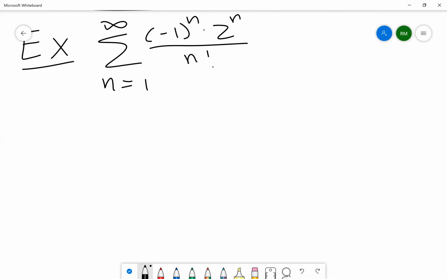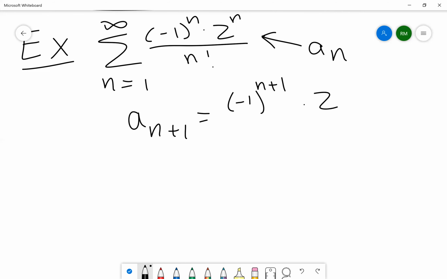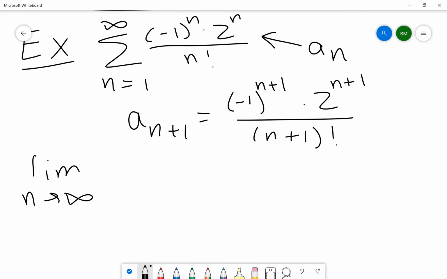So what that means is if this is our term an, our an plus 1 term is -1 to the n plus 1 times 2 to the n plus 1 over n plus 1 factorial. So we need to take the limit as n goes to infinity of the absolute value of an plus 1 over an.